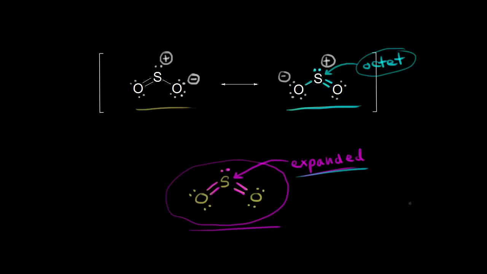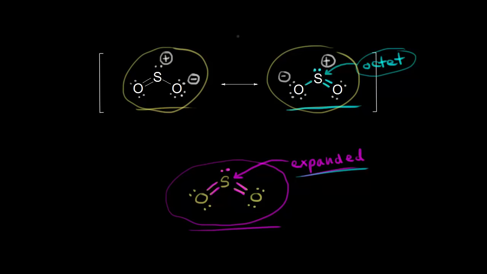In my opinion, they're both fine. When we draw two resonance structures and put in our brackets, we are saying that the actual structure is a hybrid of our two resonance structures. So sulfur dioxide doesn't look like this, it doesn't look like this, it's a hybrid.